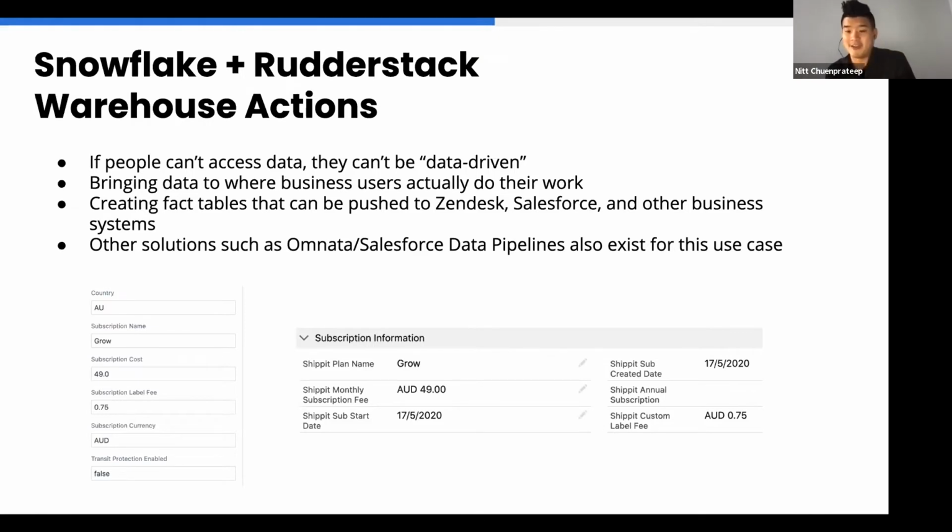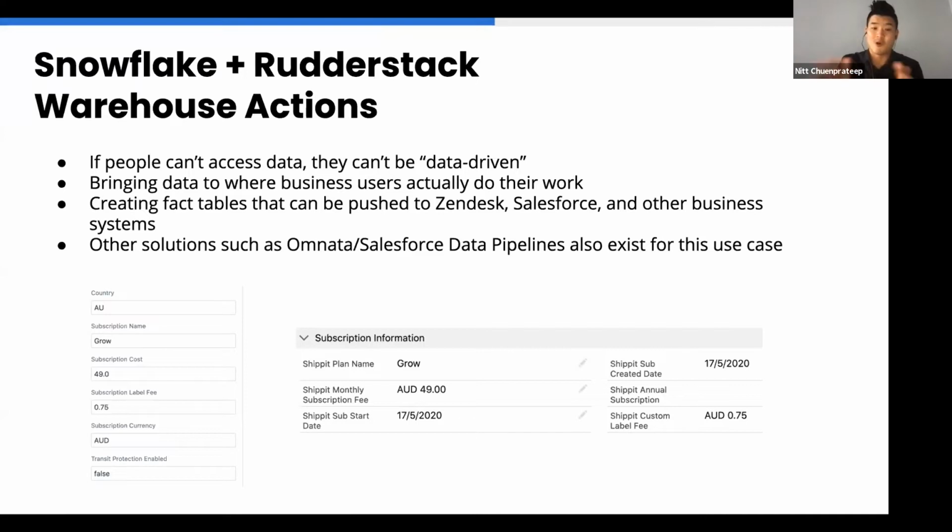And if you don't have it available and easily accessible for folks, they're not going to actually try and do that as well, right? So what we've begun to do is we're creating fact tables of important fields, right? Fields that need to be across every single business system to give business practitioners an idea of the things that they need to know about a customer.